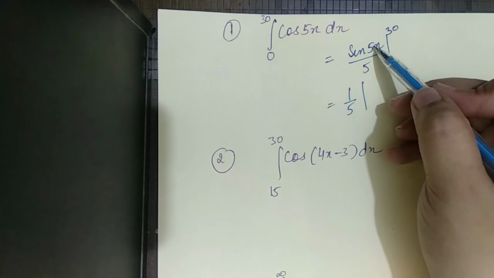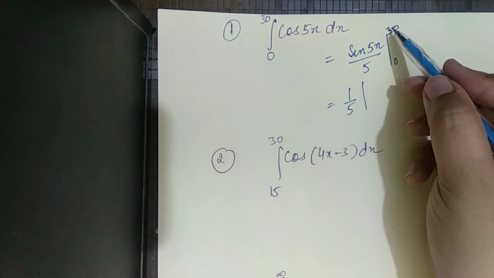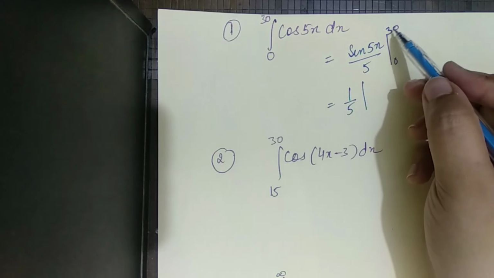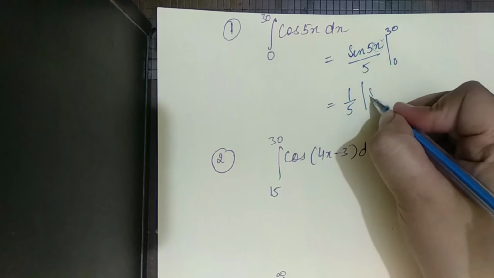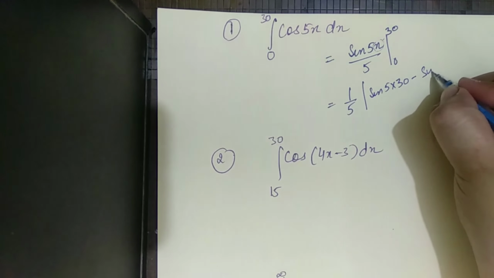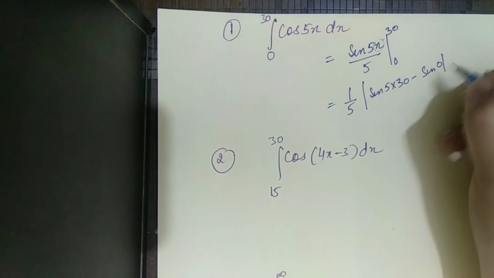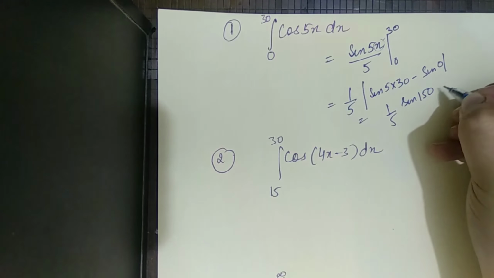We have to take upper limit minus lower limit. The upper limit is 30, so in place of x you write 30. So it will be sin of 5 multiplied by 30 minus sin 0, and that is sin 150.